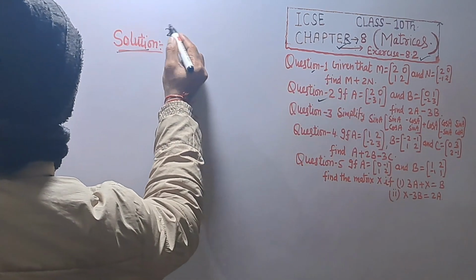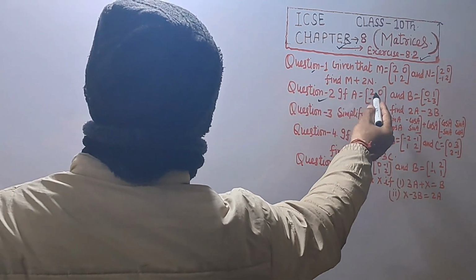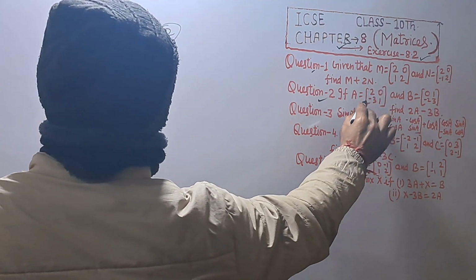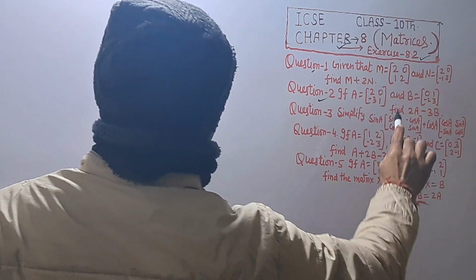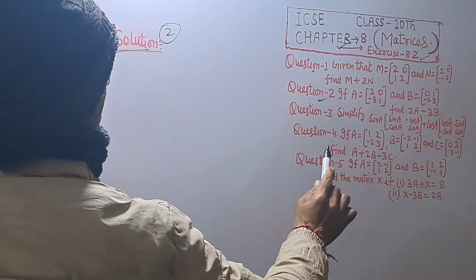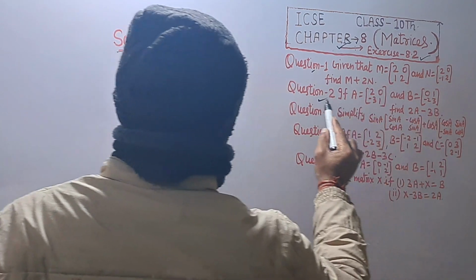Question number 2. If A is equal to [2, 0; -3, 1] and B is equal to [0, 1; -2, 3], find 2A minus 3B.